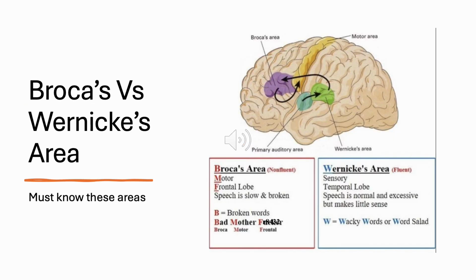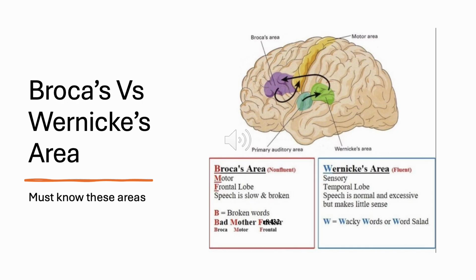There are two areas of the brain that you really need to know for your exams and also the proctor. So there's an area called Broca's area and Wernicke's area. And these occur in two different locations in the brain, but they are involved with language and speech. So Broca's area is on the left side of the brain in the frontal lobe, and it is involved with motor of our speech.